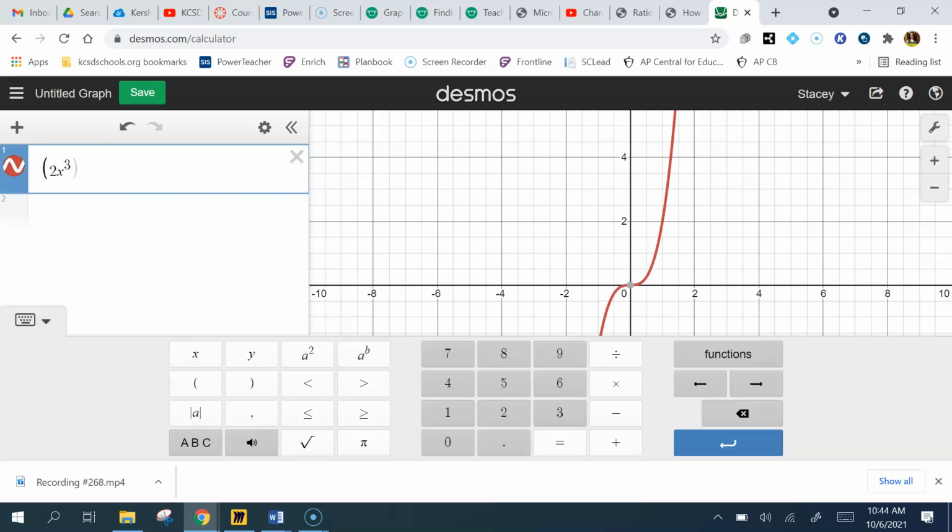2x to the third minus 2x squared minus x plus 5. Is that the right one? 56. Which one are we doing?